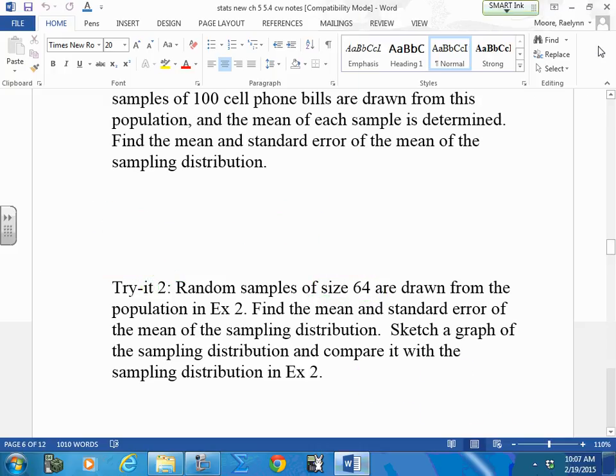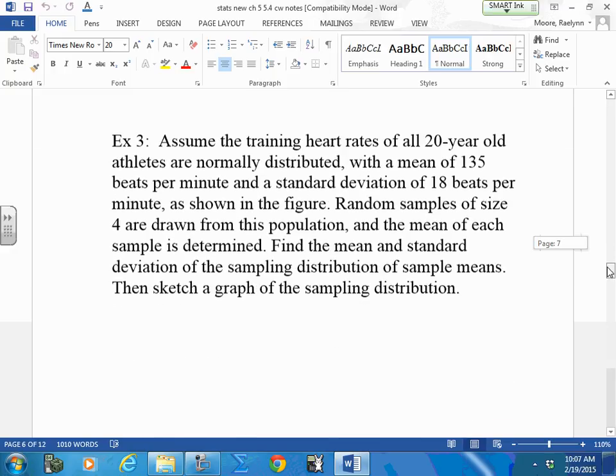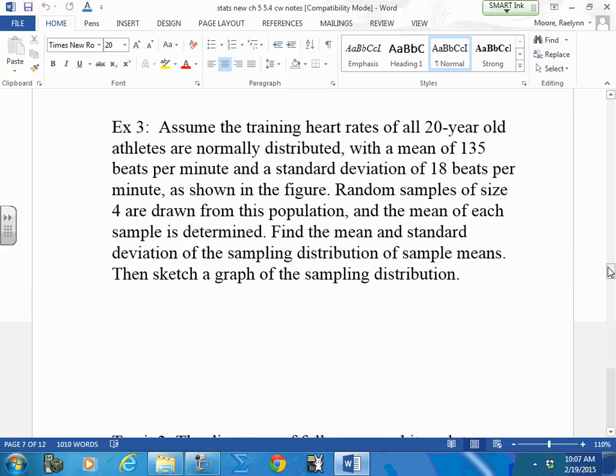Okay, so now, let's see how this affects us. Assume the training heart rates of all 20-year-old athletes are normally distributed. Look what they told us. They are normally distributed. So I know my population looks like this. So now does it matter what size sample I use?